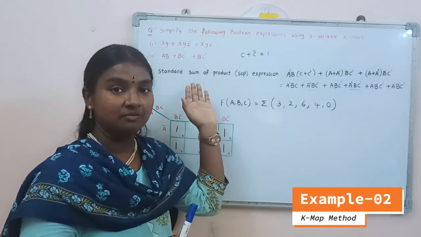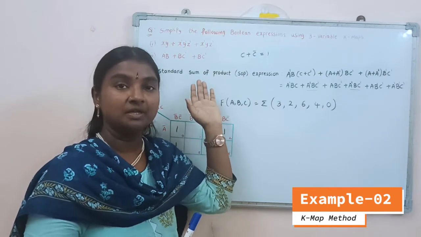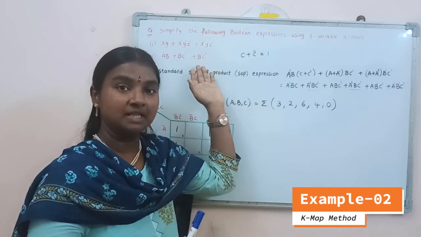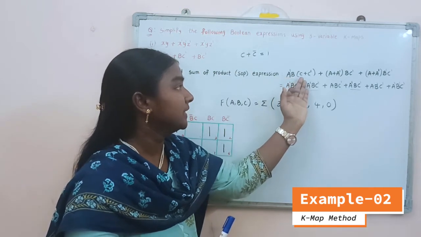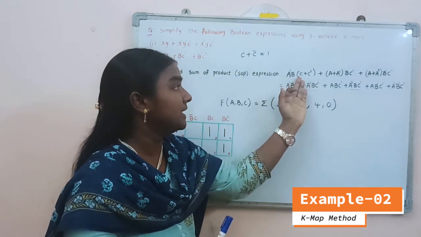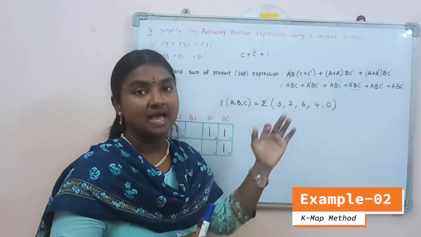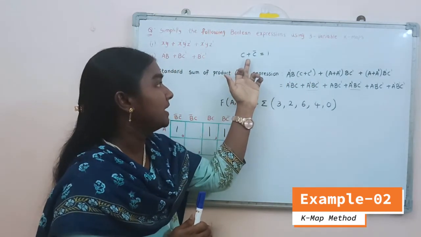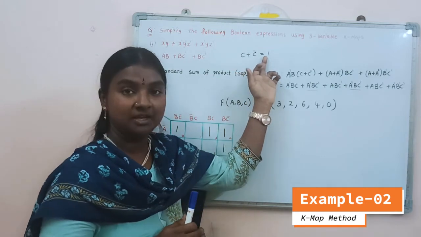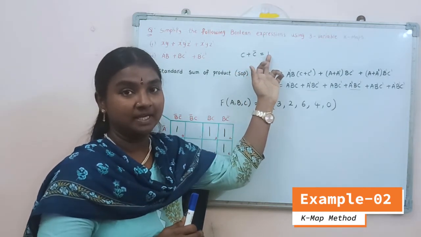In this conversion to standard SOP function, whatever the variables are missing in these product terms, we need to multiply those product terms by, if c is missing, c plus c bar. As we already know, a normal variable ORed with its complement variable gives 1.